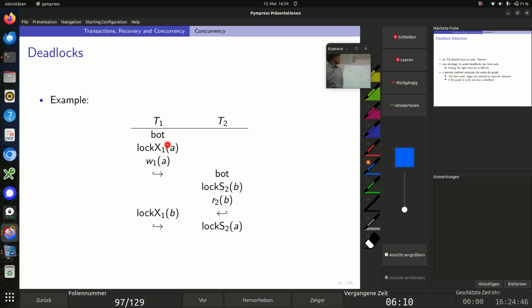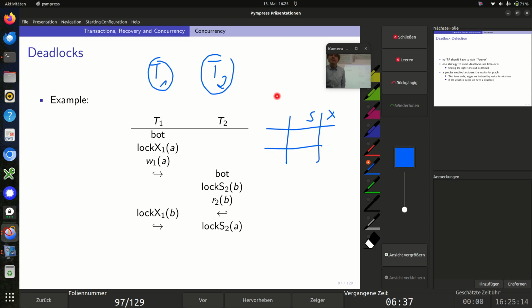Okay, so here we have an exclusive lock. Exclusive means writing. So T1 acquires a lock on A, and then T2 acquires a lock on B, and then T1 also wants an exclusive lock on B. But as we know, there is the compatibility matrix with shared and exclusive locks. This is the lock already held, and this is the lock we want to have.